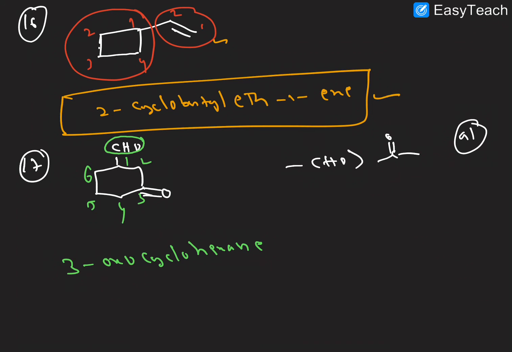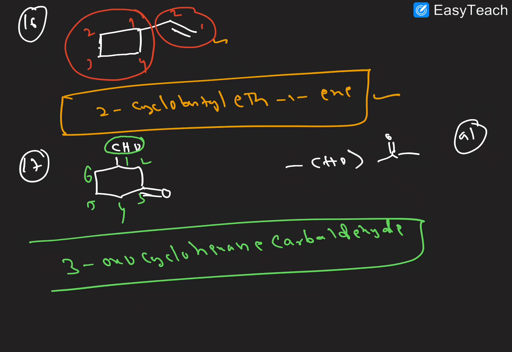We are not giving any numbering here, so at that time we call it carbaldehyde. So this is the name of this compound, right? So we are not giving numbering to the functional group. We call the aldehyde here carbaldehyde. Similarly, a carboxylic acid present on a ring is also called carboxylic acid, right?